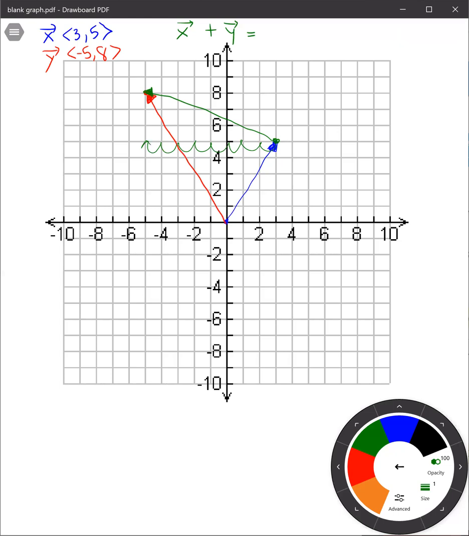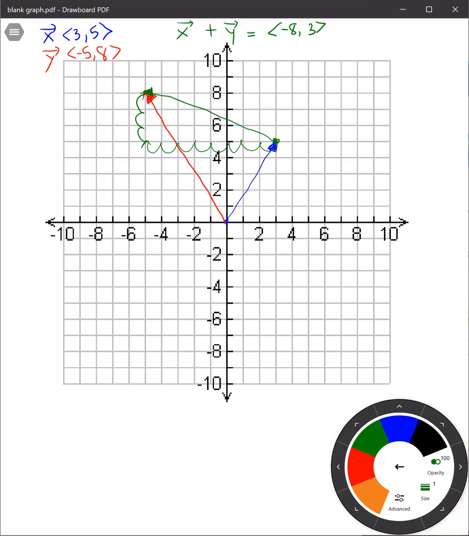So component form will start with negative 8. And from there you go up 3 units to get to the terminal point. So therefore it will be 3. So component form will be negative 8, 3. That's how you use the graph to do it.